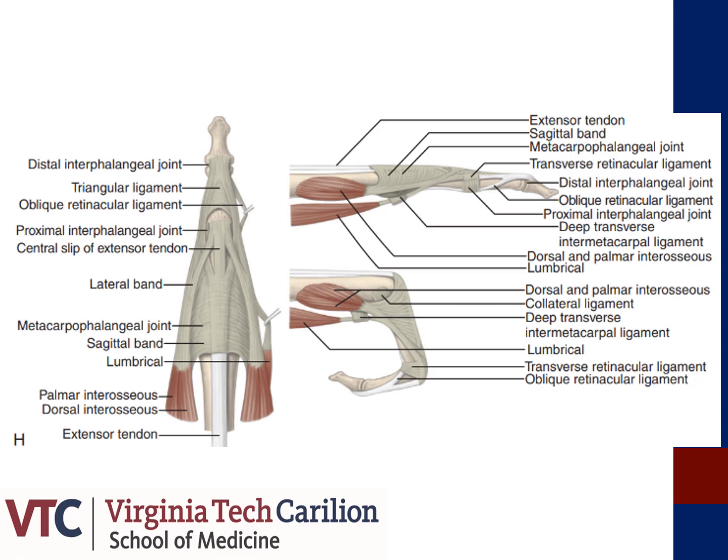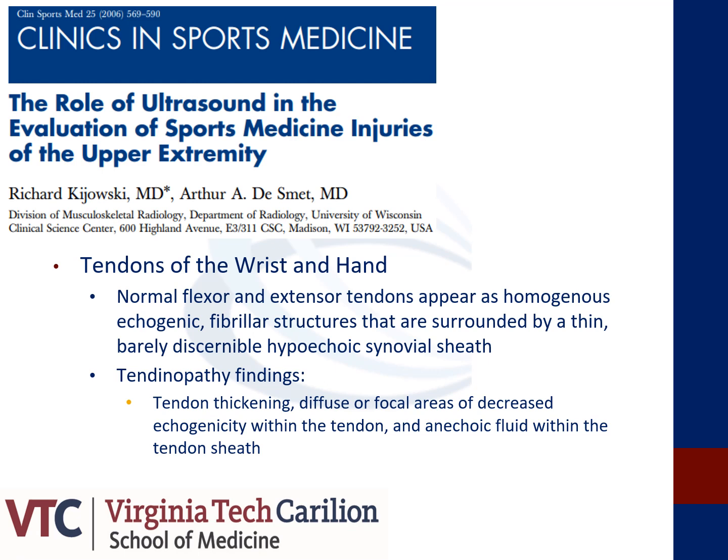Here is an anatomic image of the intricacies of the extensor mechanism. When looking at the tendons of the hand and the wrist, it is important to note what they should look like in their normal appearance, which is a homogeneous, echogenic fibrillar structure.